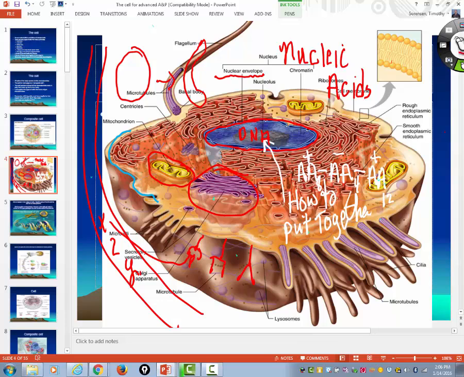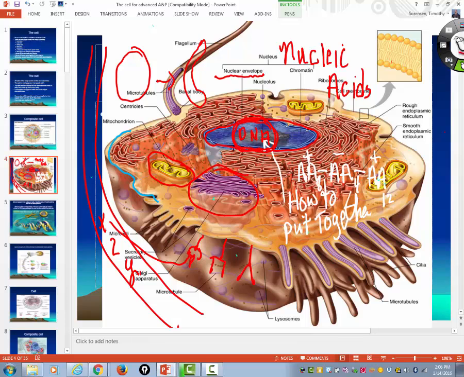And again, what holds the code to how to put together all the proteins in the body? The DNA. Where is the DNA located? It's located in the nucleus of the cell, and it's further protected by the nuclear envelope. So only certain things are allowed to enter the nucleus of the cell.